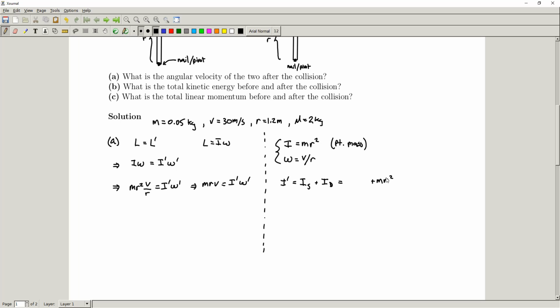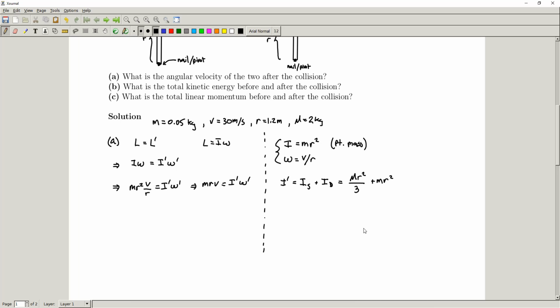And the stick part we can look up in any table, maybe the table that we talked about a couple of videos ago now. And rotating a stick about one end of the stick results in a moment of inertia that we can write in this form. Okay, and this is the moment of inertia contribution from the stick.